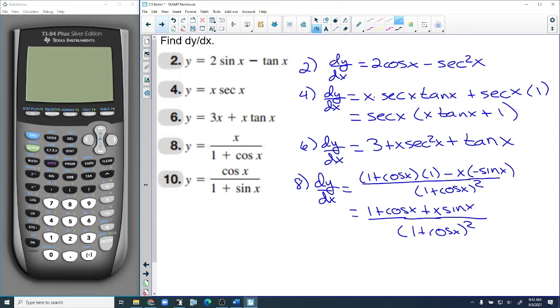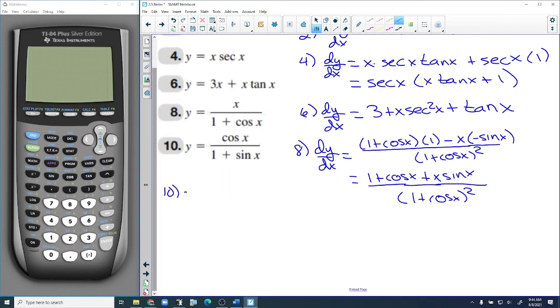10. Let's try 10. I'll try to get it right this time. But stuff does cancel with 10. So 10's a little trickiest. All right, so 10. Hopefully you got a little head start here. See if I can actually do this.